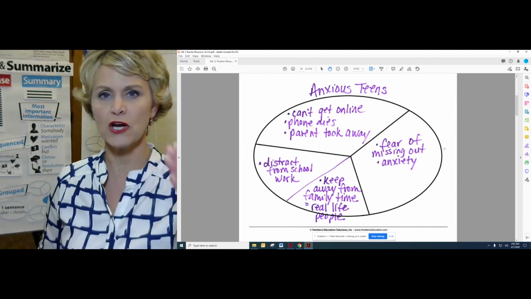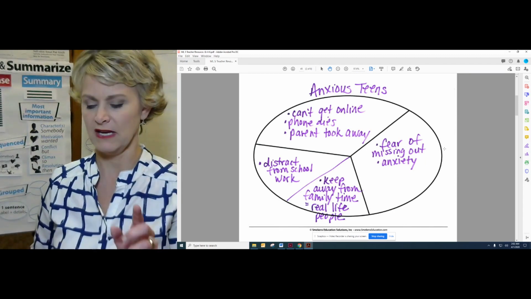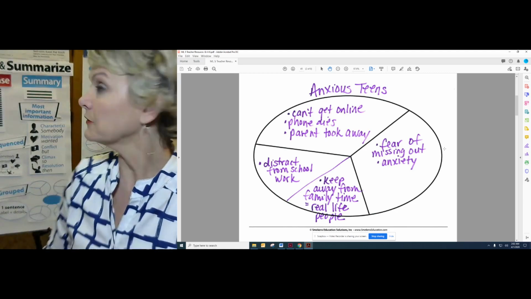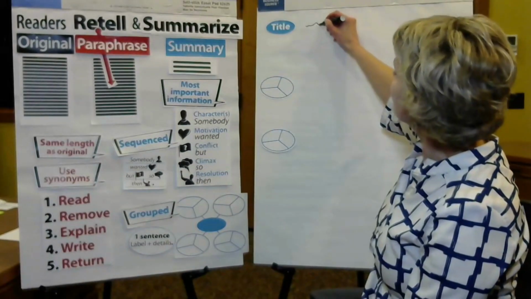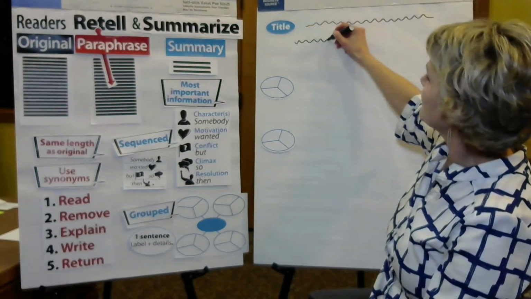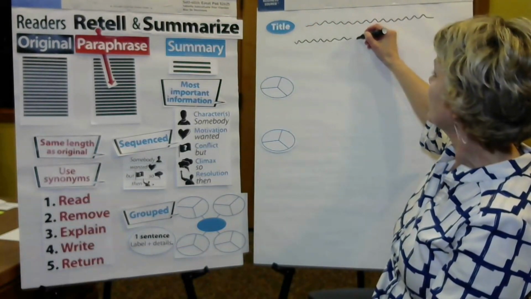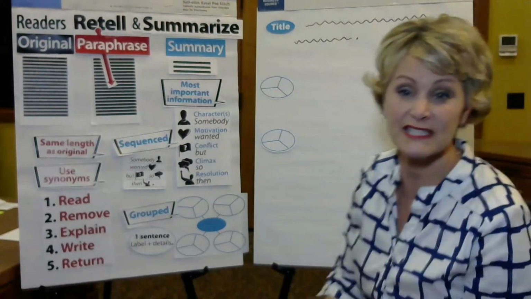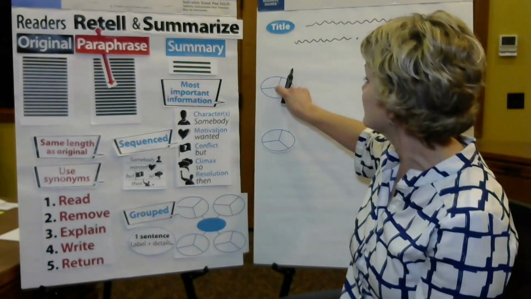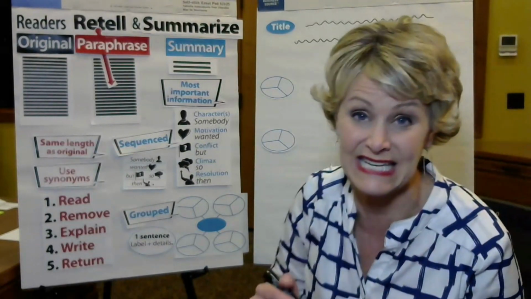And so I'm just going to talk to myself. Remember, I won't write it right now, but the actual title of the article, I'm going to turn that into a sentence. So now I'm working on this oval, anxious teens, and I've got to turn it into a sentence.